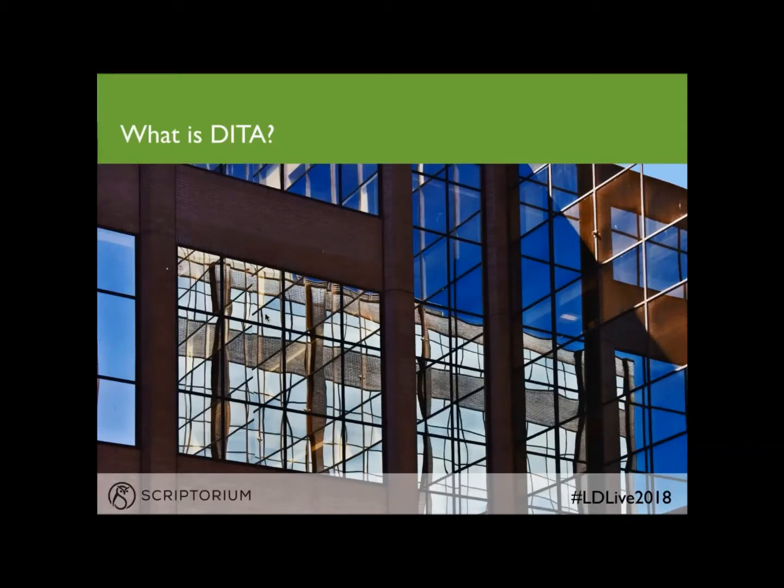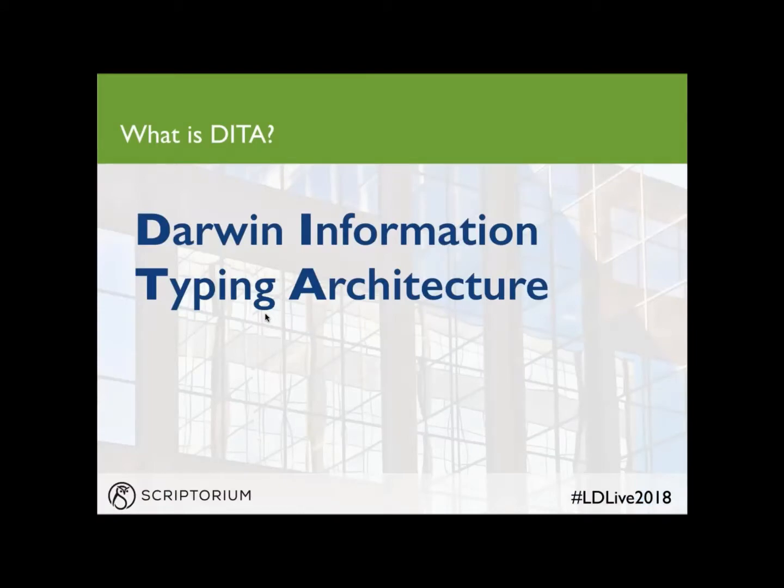So let's just start with the big question, which is, what is DITA? DITA stands for the Darwin Information Typing Architecture, and it's an open standard of XML that was originally created by IBM and donated to OASIS, which is the Organization for the Advancement of Structured Information Standards, in 2005.